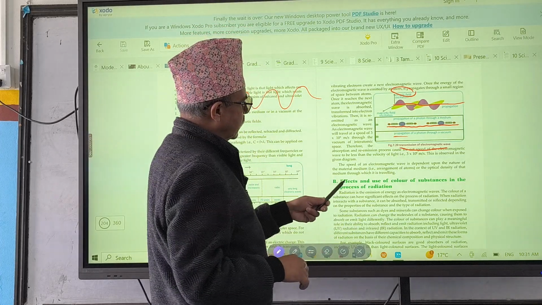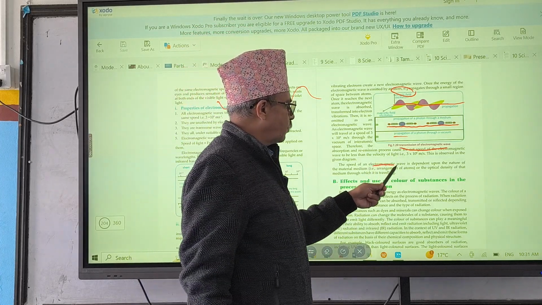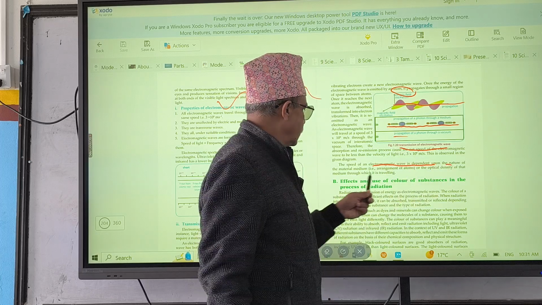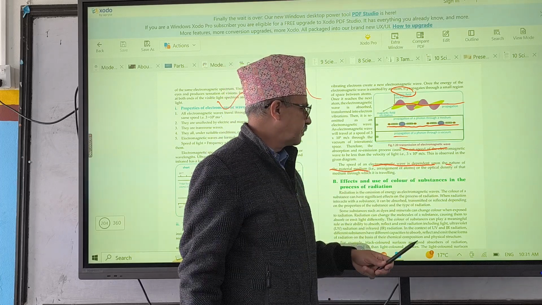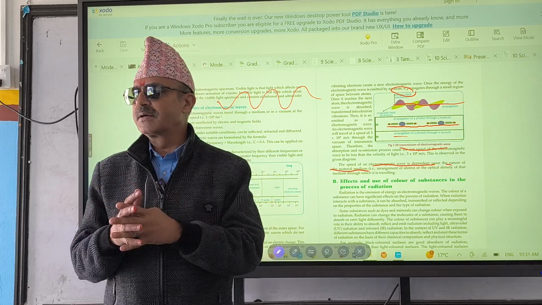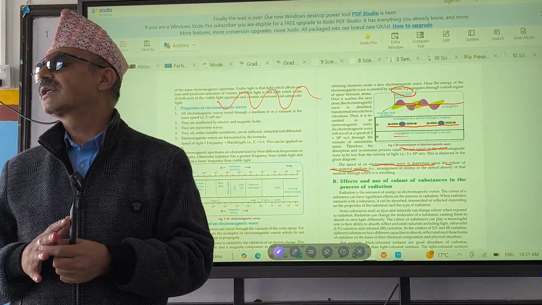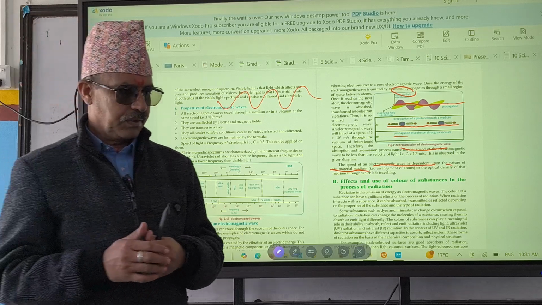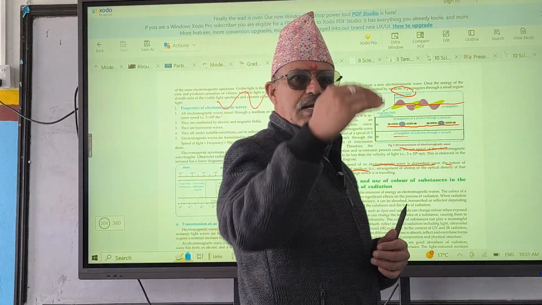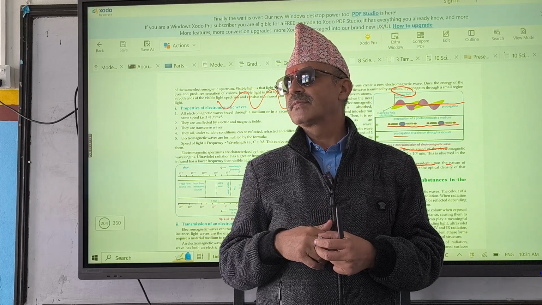And next thing, the speed of an electromagnetic wave is dependent upon the nature of the material medium. From some media, electromagnetic waves can pass a bit fast. In some, they pass slowly. For example, X-rays, can they pass through air or not?